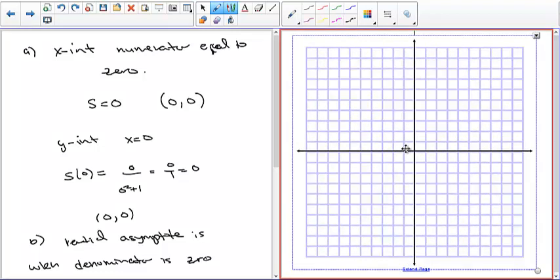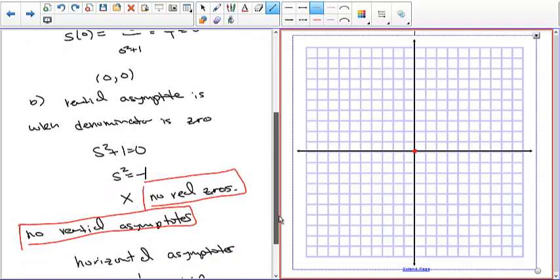Okay, so here's our x and y intercept. And here is our horizontal asymptote, which we said was 0.